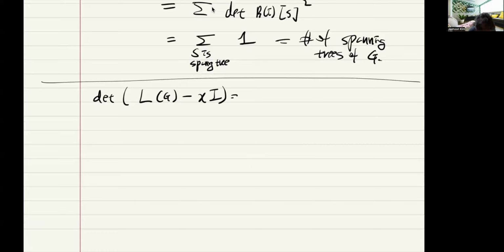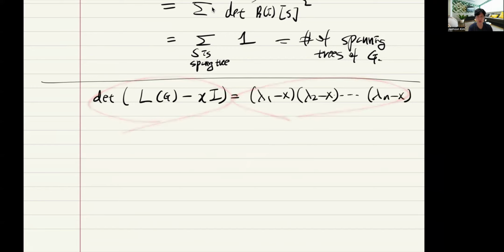So this is the same as lambda 1 minus x times lambda 2 minus x times ... lambda n minus x. And then you solve the roots of this polynomial, and that's how you obtain these eigenvalues. Then here, what do you know? You know that lambda 1 is 0, so you get that.